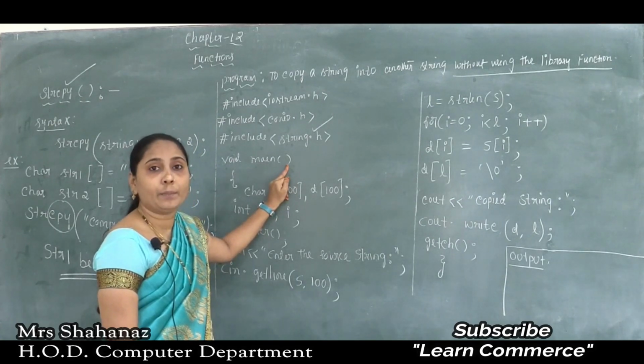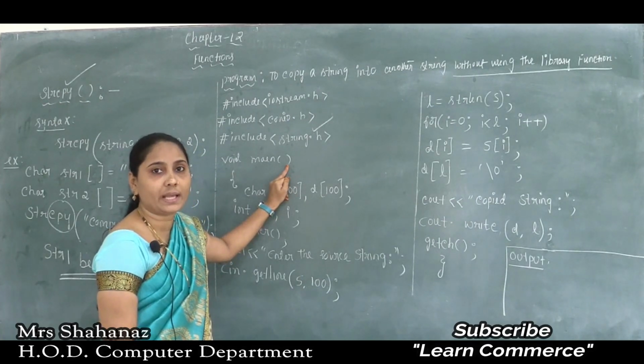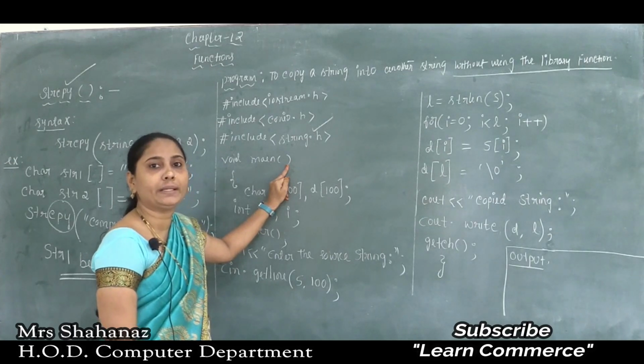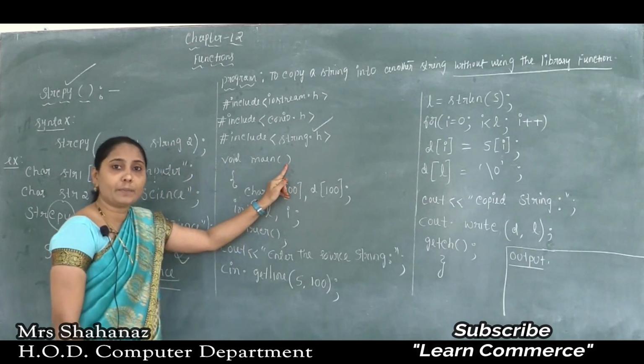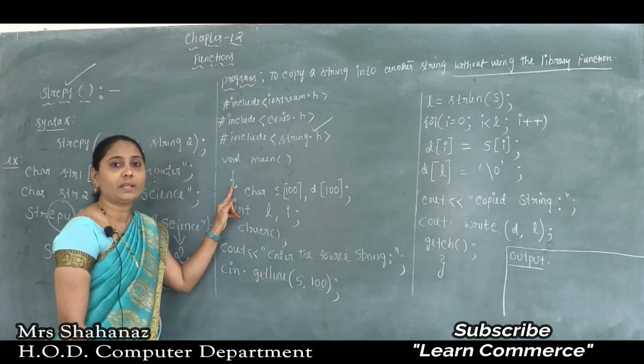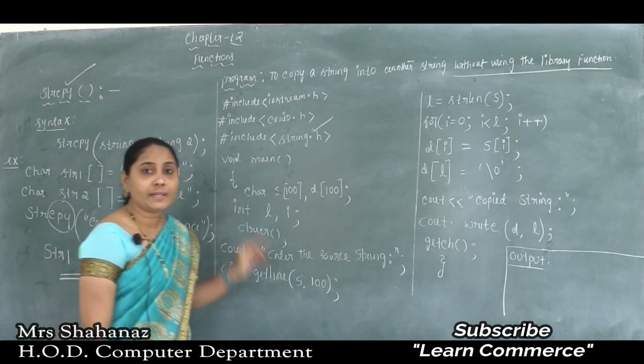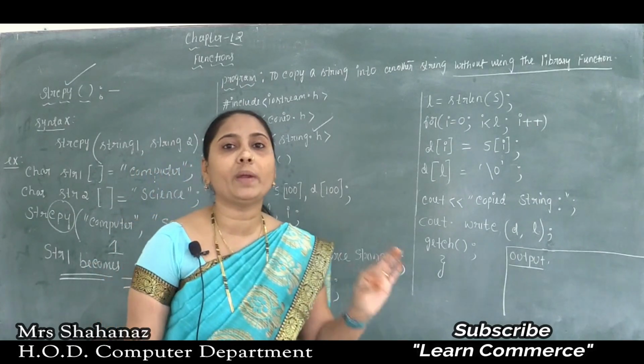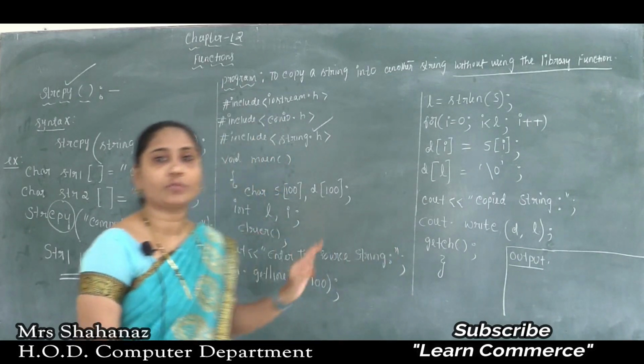The main should be written in lowercase letters and should not be terminated with a semicolon. And after void main, we need to open the flower bracket. That indicates the opening of the program, the starting of the program.